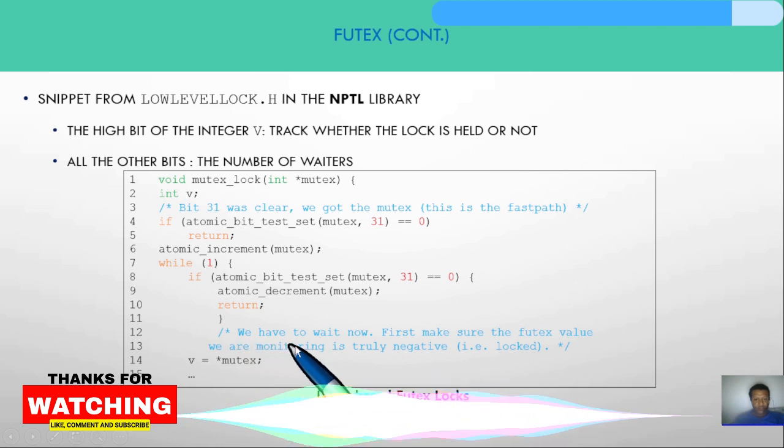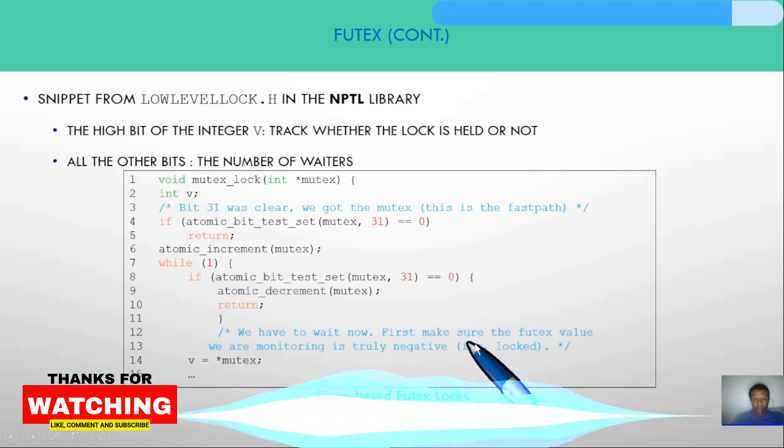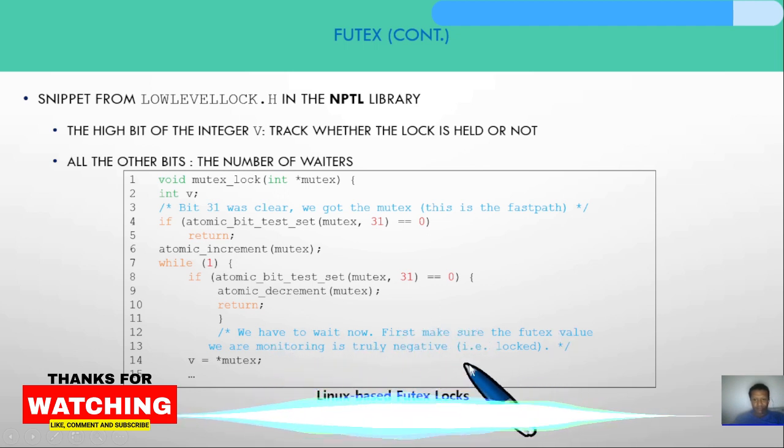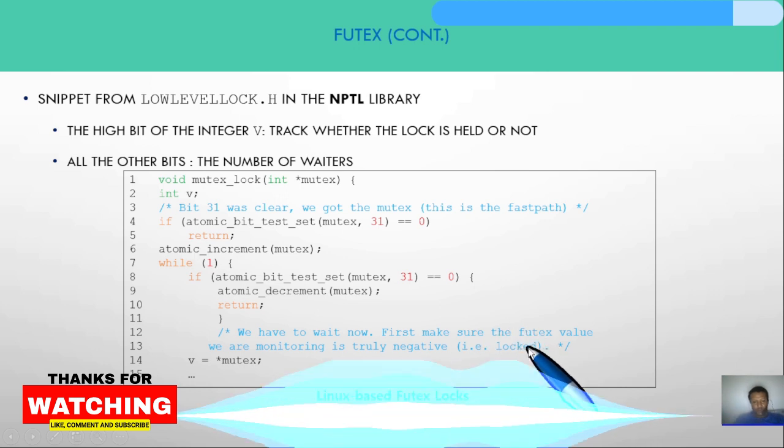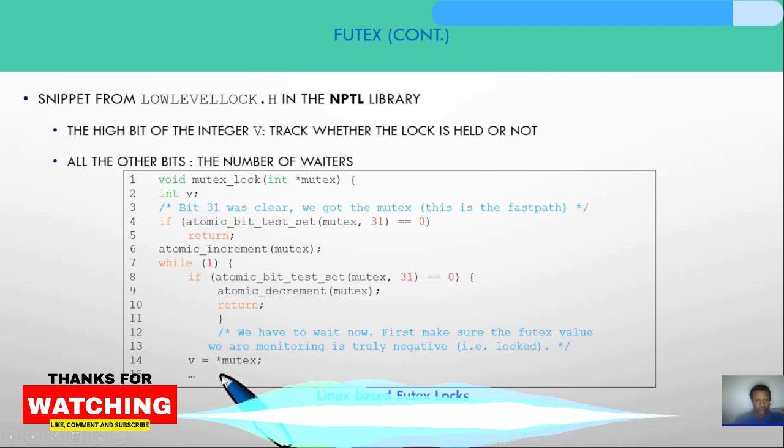As you can see here, we have to wait now. First, make sure the futex value we are monitoring is truly negative. So say that it is locked, so v is equal to mutex.